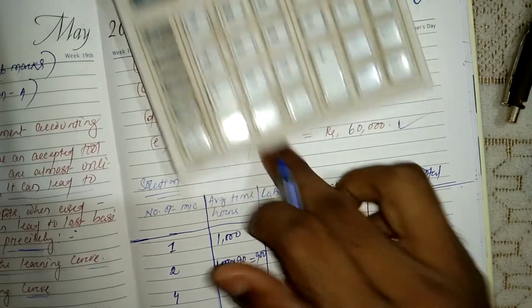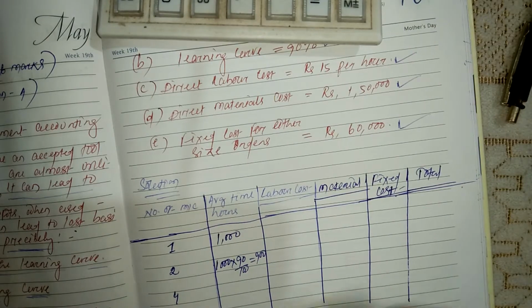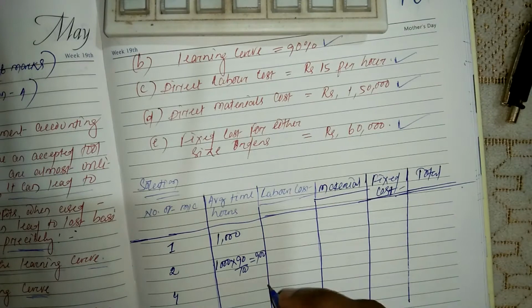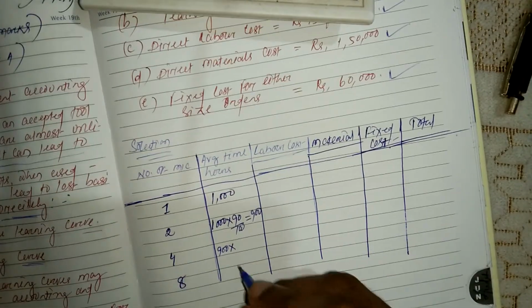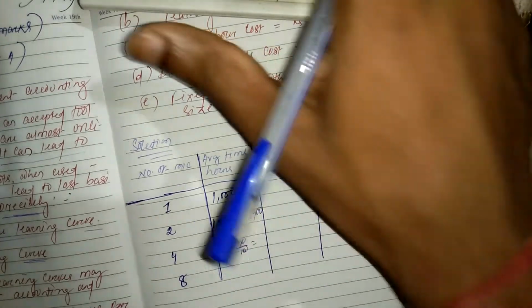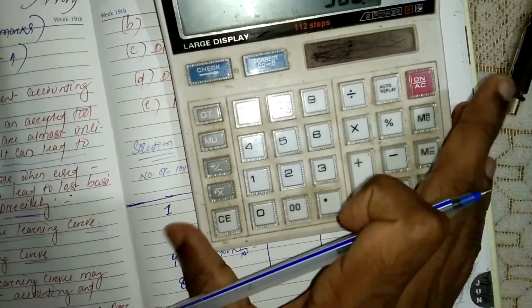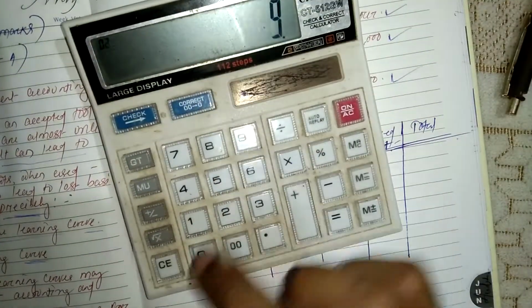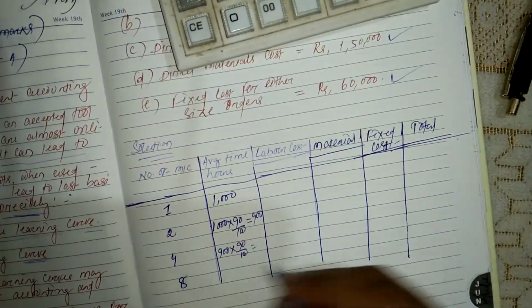Again, in case of machine 4, the average time in hours will be similarly 900 into 90 by 100, which is 810.